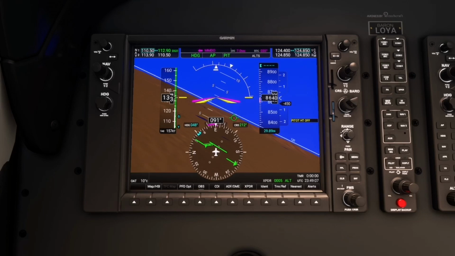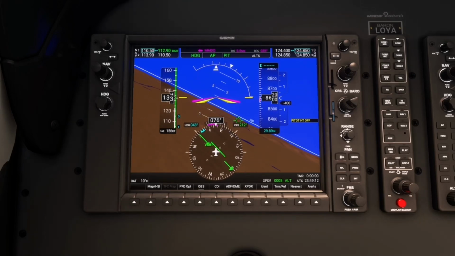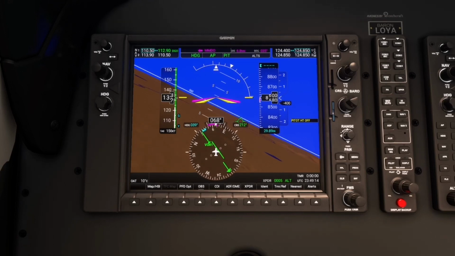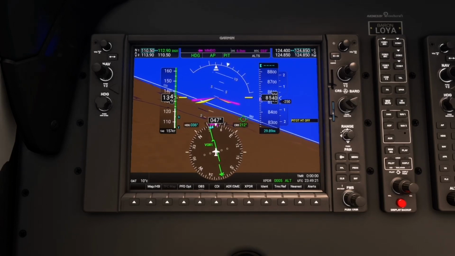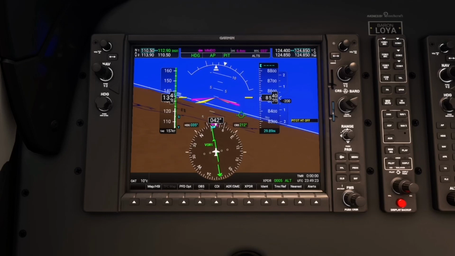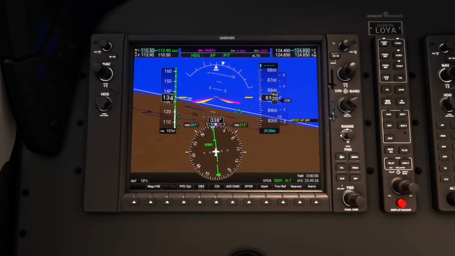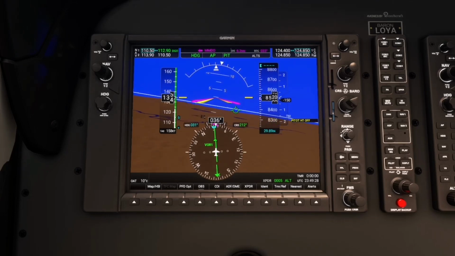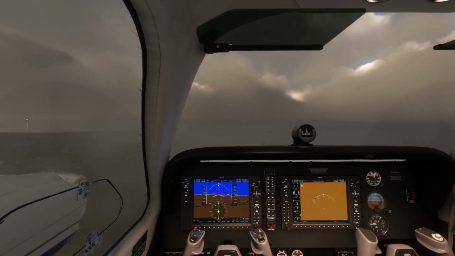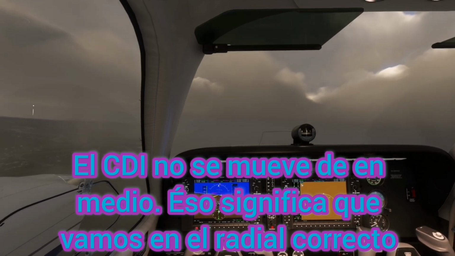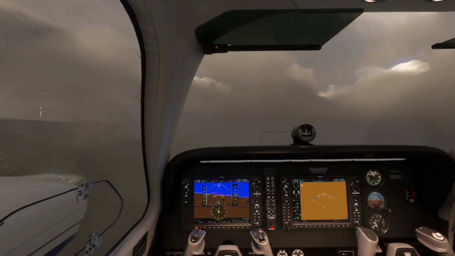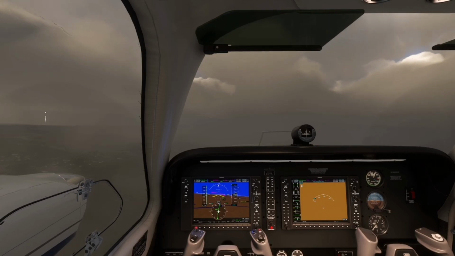The CDI is moving slowly, so we can intercept the radial slowly, softly, and correctly. And there we have it, we already intercepted the radial 210 inbound. It means that we are going to the airport. As you can see, the CDI doesn't move from the middle. That means that we are on the correct radial, in this case inbound 210, or 216, something like that.